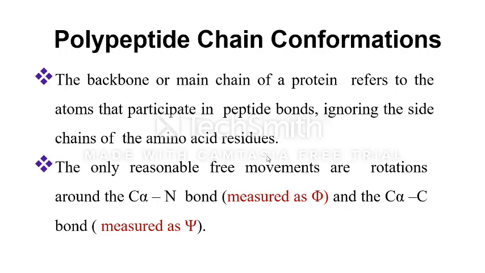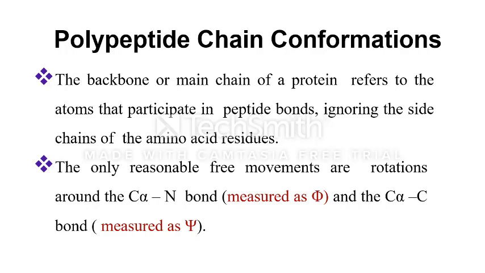The only reasonable free movements are rotation around the alpha carbon and nitrogen bond, that is measured as phi, and around the alpha carbon and the carbonyl carbon bond, that is measured as psi.